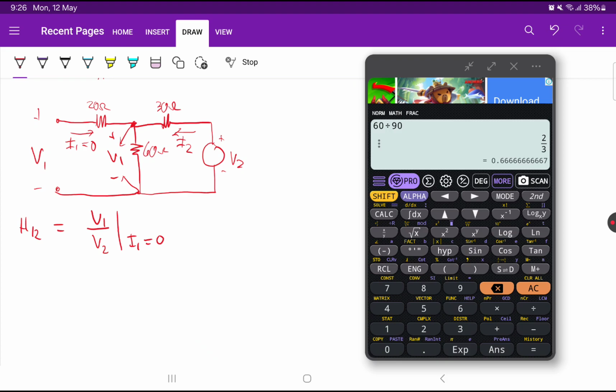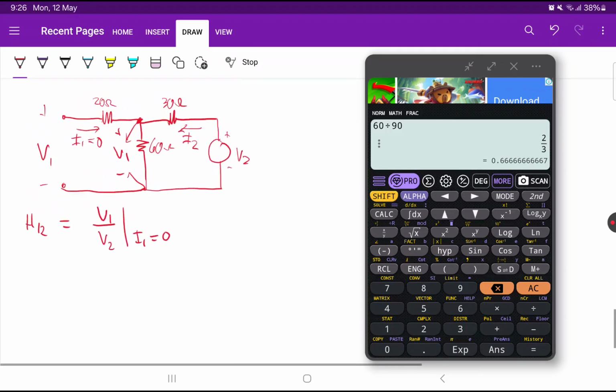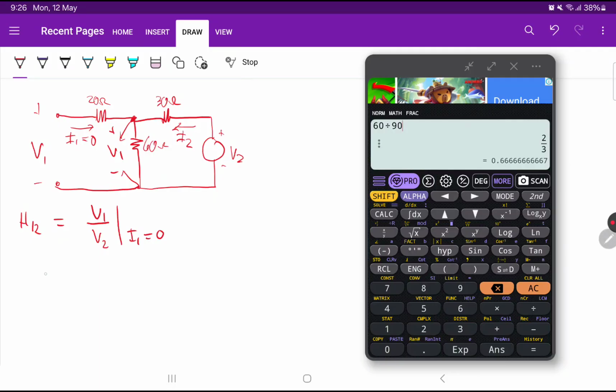So we can just use the voltage divider to relate these two. By voltage divider theorem, V1 will be equal to the total voltage V2 multiplied by the resistor we're solving for, which is 60 ohms, divided by 60 plus 30 ohms.